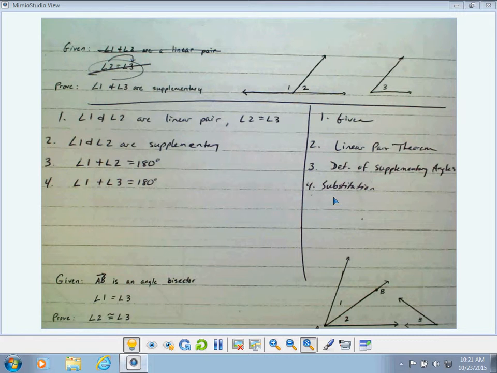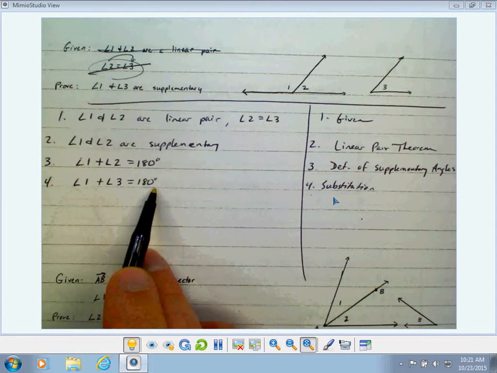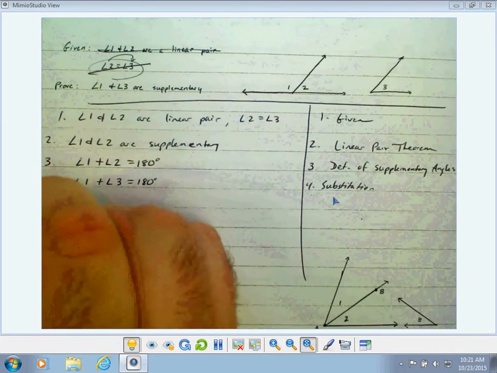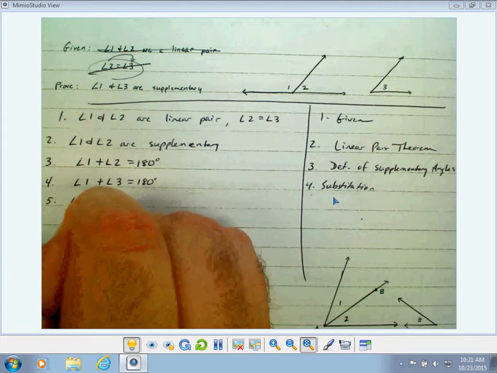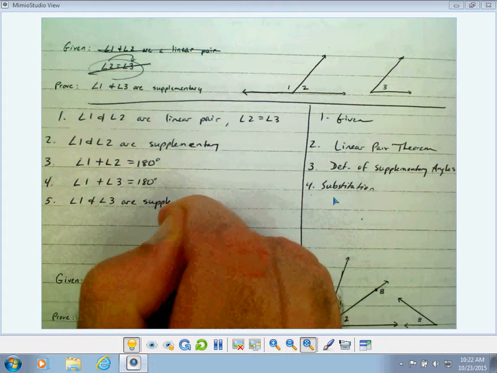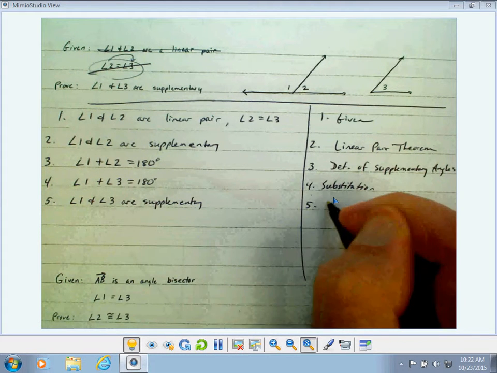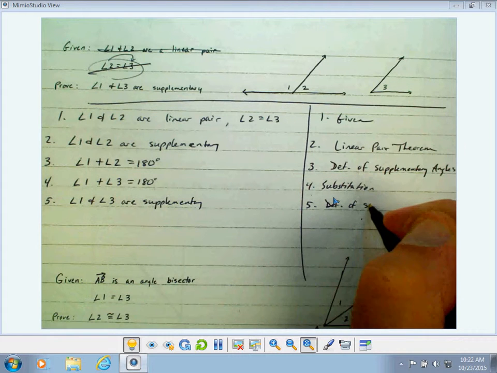So I'm basically at what I want, right? I want angle 1 and angle 3 are supplementary. I've now shown that, so all I can say then is angle 1 and angle 3 are supplementary. That is the definition of supplementary angles.